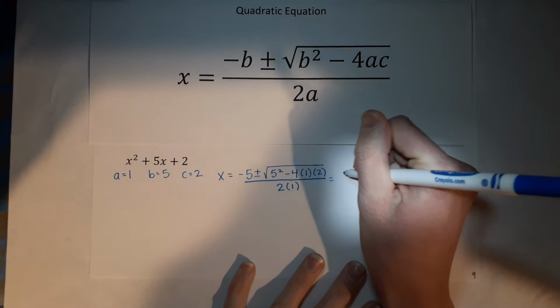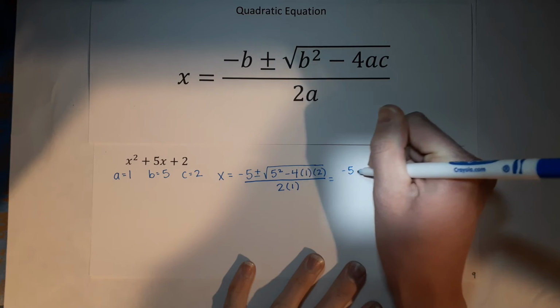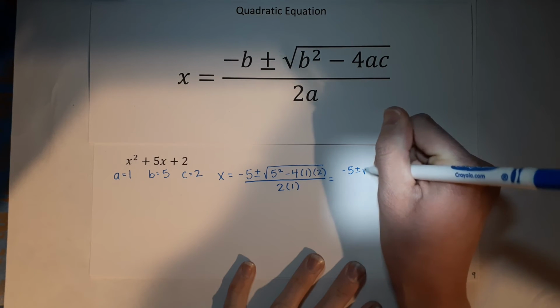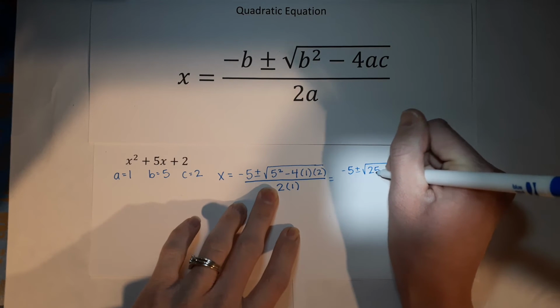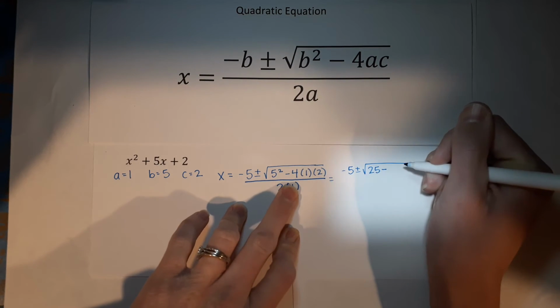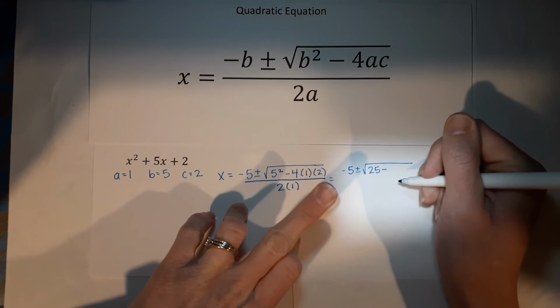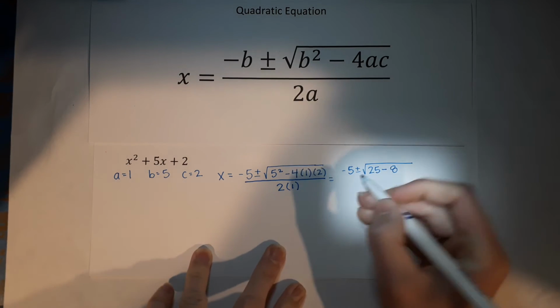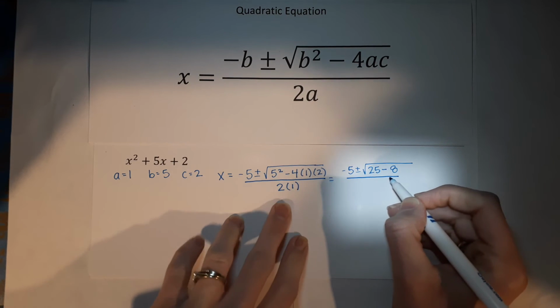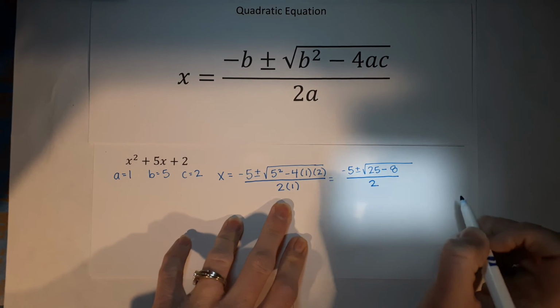So we're going to have x equals negative 5 plus or minus the square root of 5 squared is 25 minus 4 times 1 is 4 times 2 is 8. So I've got 25 minus 8 in there. All over 2 times 1 gives me 2.